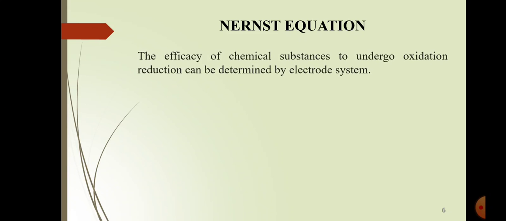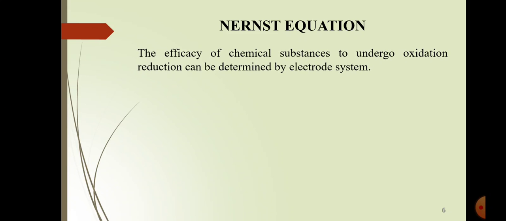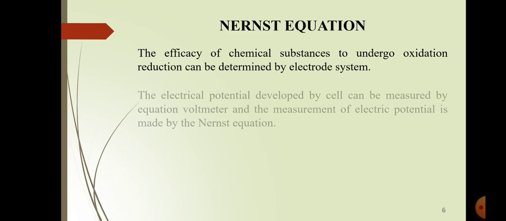Next, let us see the Nernst equation and its importance. The efficacy of a chemical substance to undergo oxidation reduction can be determined by an electrode system.